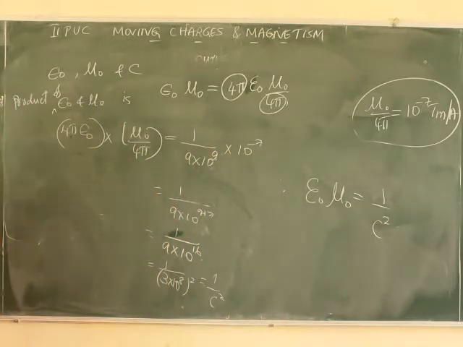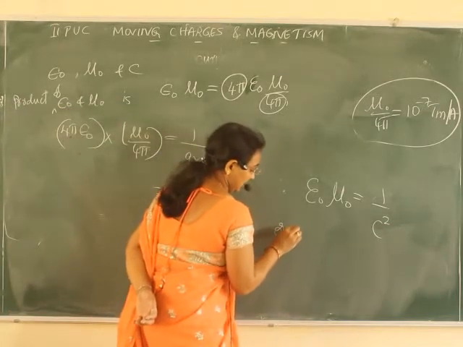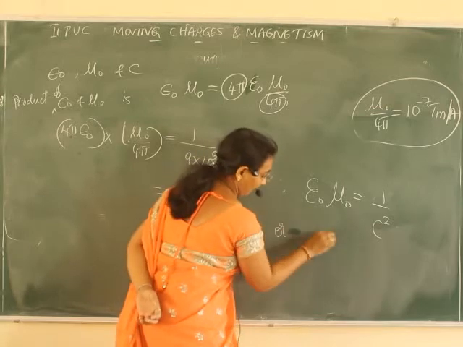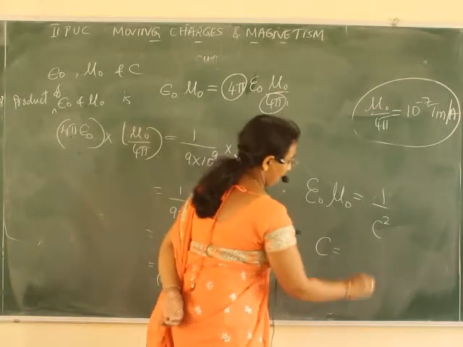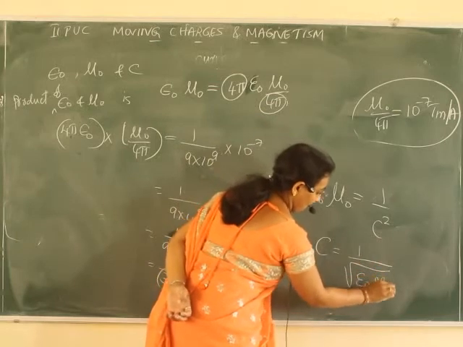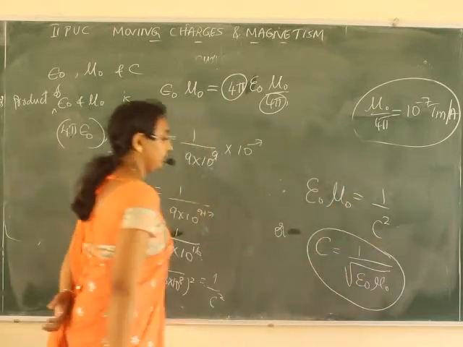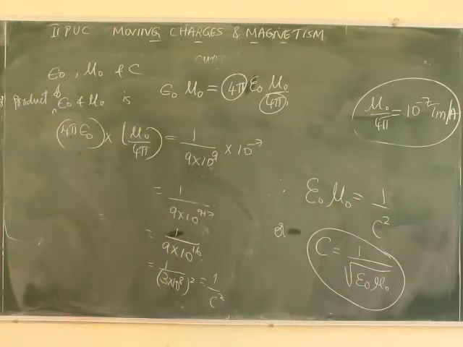Epsilon naught into mu naught is equal to 1 by C square, or C is equal to 1 by square root of epsilon naught into mu naught.